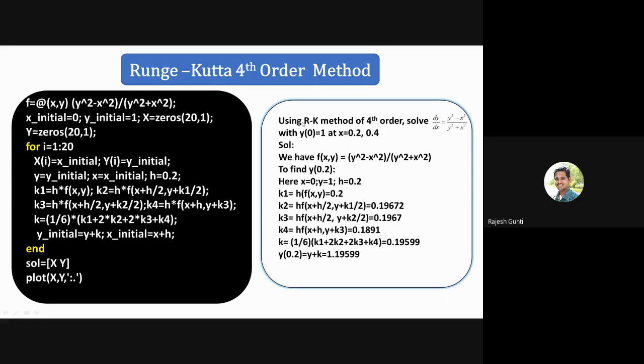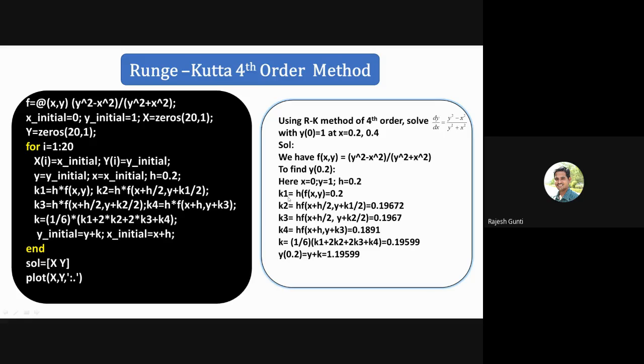To find y value at 0.2, we take x value as 0, y value is 1, h is equal to 0.2. Am I correct or not? This is the method we explain to the students. X is equal to 0, y is equal to 1, h is equal to 0.2. We are going to find y of x plus h, which means y of 0.2.